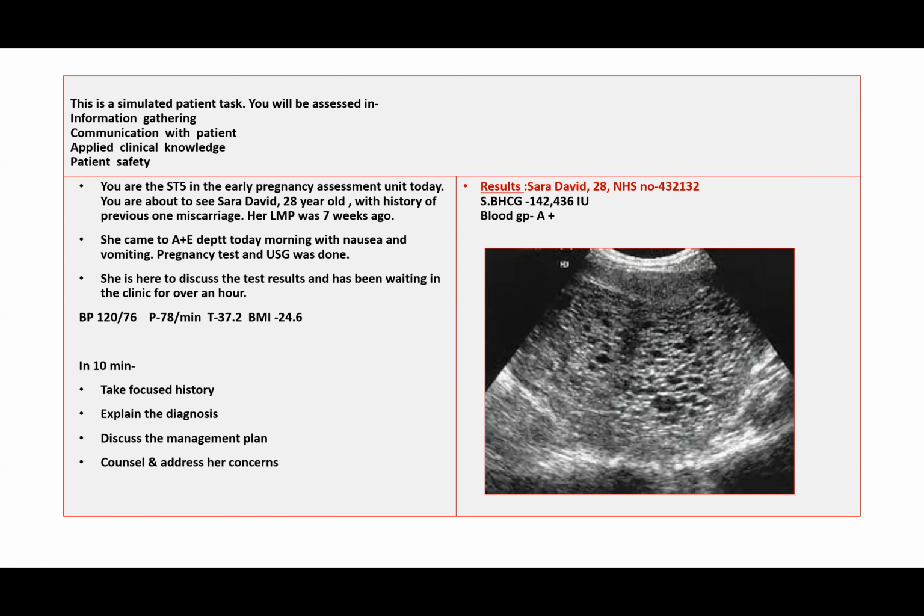And after the procedure, you will be registered in one of the registry centers. We have three centers, one in Dundee, one in Sheffield, and one in London. And you will be registered at the one near your house. And there would be follow-up by your pregnancy test.